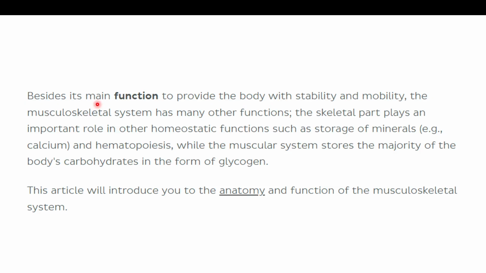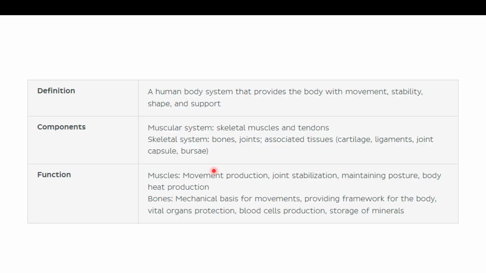Besides the main function to provide the body with stability and mobility, the musculoskeletal system also has different kinds of functions, where the skeletal part plays an important role in other homeostatic functions like mineral storage, like calcium, and hematopoiesis, while the muscular system stores the majority of the body's carbohydrates in the form of glycogen. So very briefly, this is the system which provides the body with movement, stability, shape, and support.